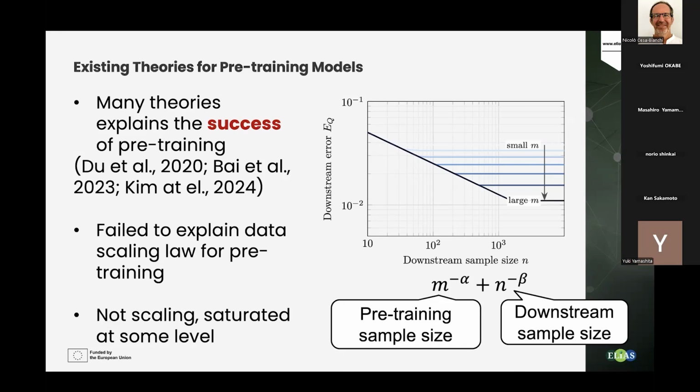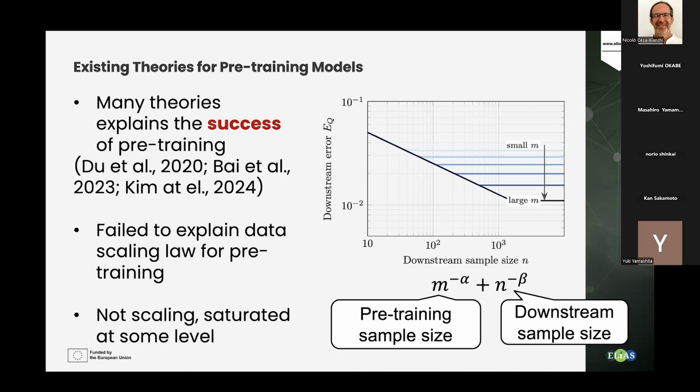By visualizing this rate, we get this picture, where the horizontal axis corresponds to the downstream sample size and the vertical axis to the downstream error. For a small downstream sample size, this term is dominated, so the error decreases.